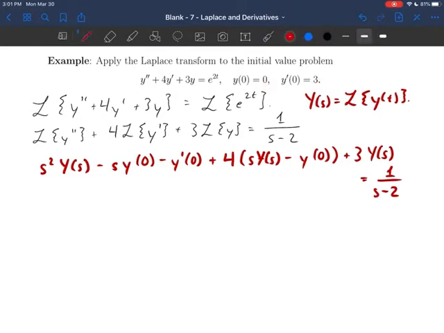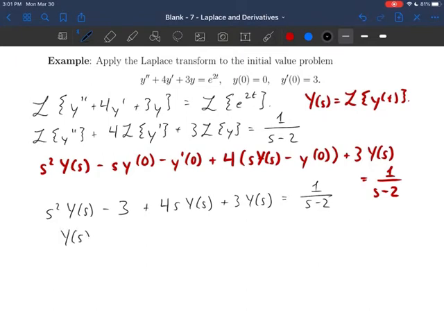All right, so now because it's an initial value problem, we already know y of 0 and y prime of 0. We can plug in those numbers. And when we do that, we get s squared Y of s minus 3 plus 4s Y of s minus 0 plus 3 Y of s equals 1 over s minus 2.